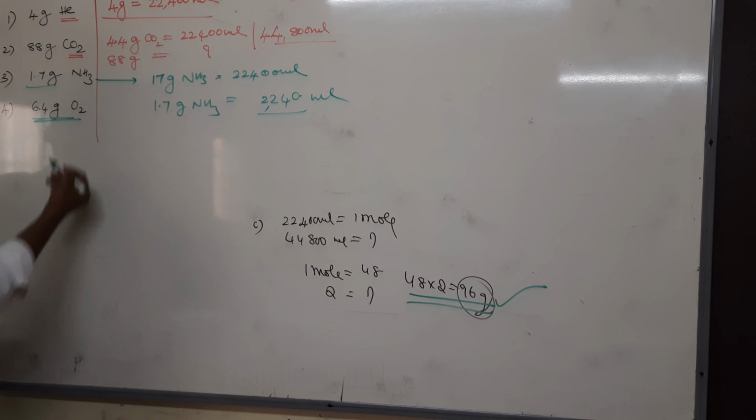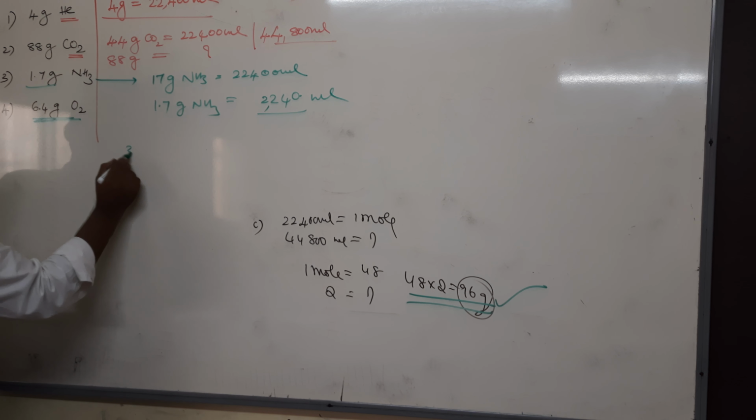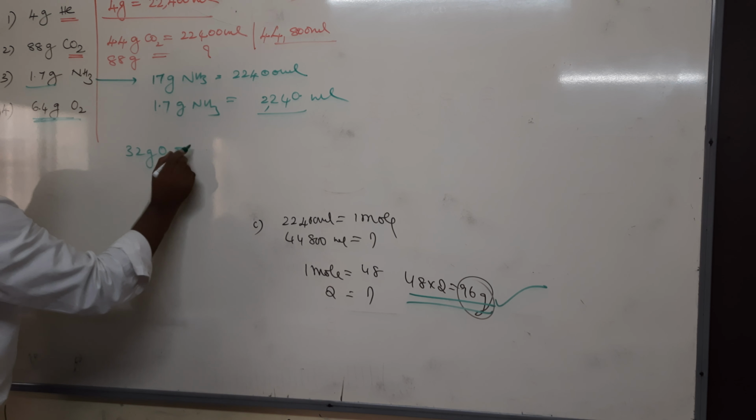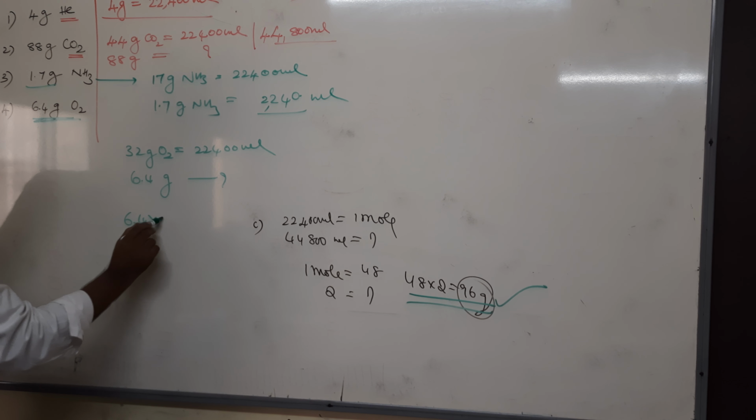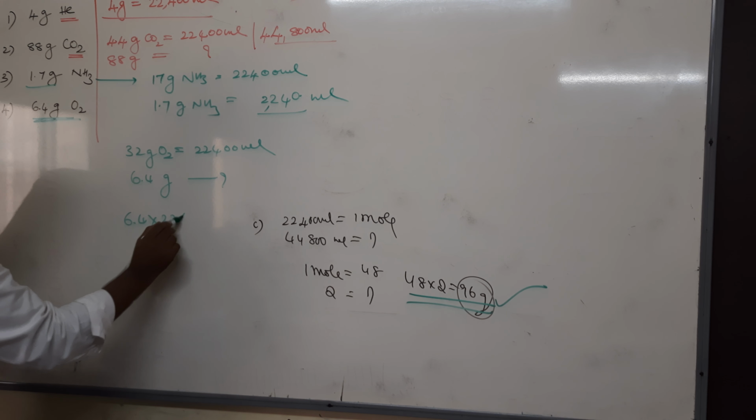Next, oxygen. 32 gram oxygen equals 22,400 ml. Then tell me, 6.4 gram equals how much volume? 6.4 into 22,400 ml divided by 32.